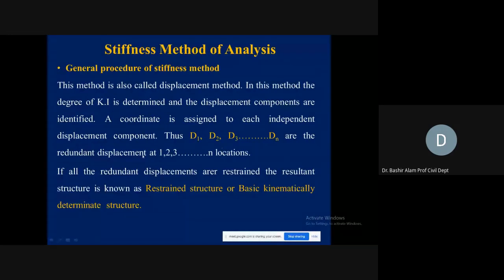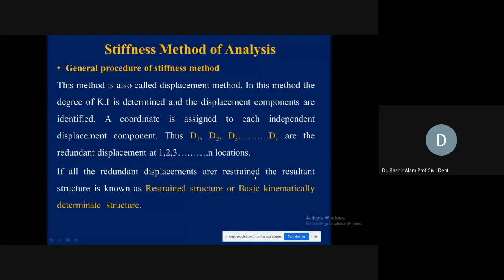These are the redundant displacements at locations 1, 2, 3, and n. If all the redundant displacements are restrained, we make the structure, which is kinematically indeterminate, determinate. What was the parallel in the flexibility method? We needed to make the structure statically determinate.